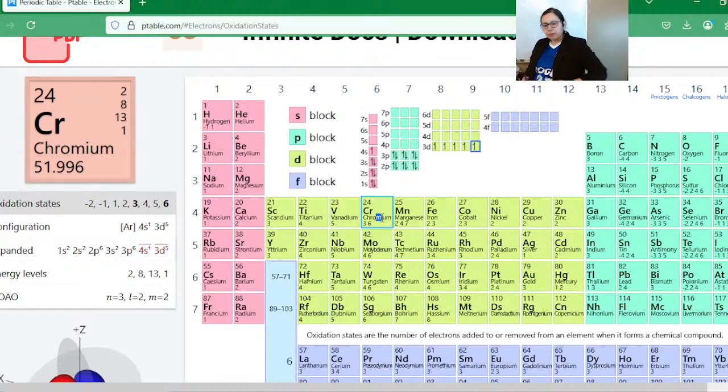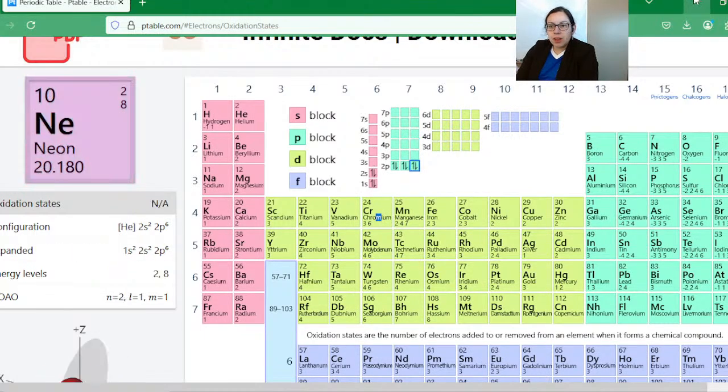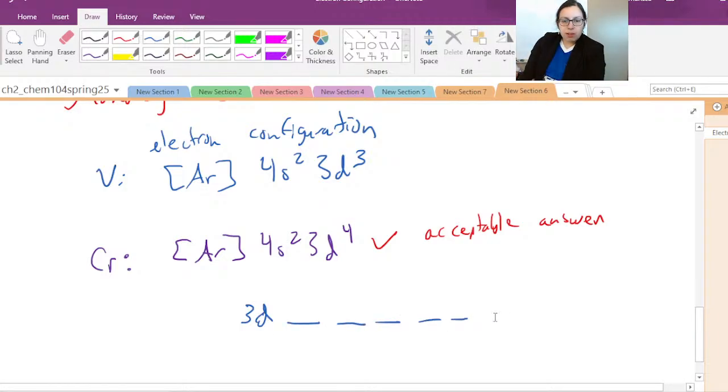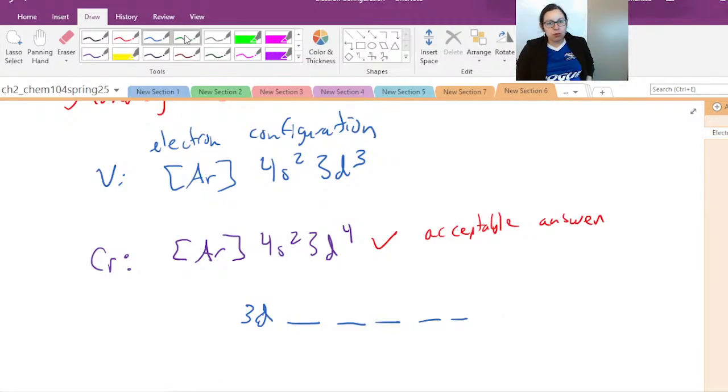And so this may seem unexpected, but again, we can understand this actually. So let's think about what happened. Let's draw out our orbitals. The issue arises from the fact that they're very close in energy level to begin with.